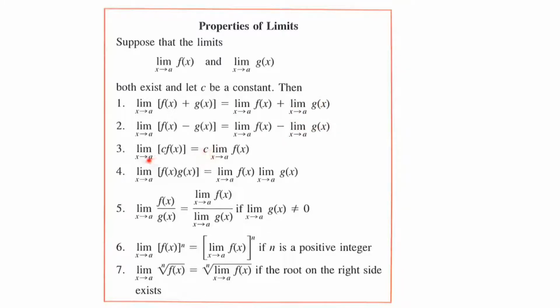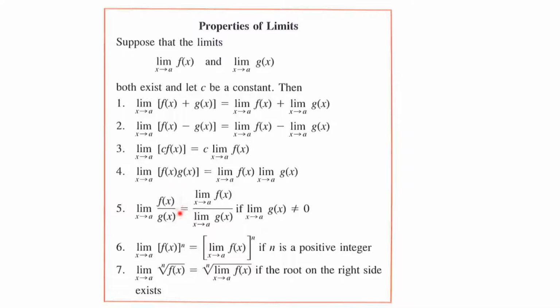If c is a constant, the limit of c times f of x is c times the limit of f of x as x approaches a. The limit of f of x times g of x as x approaches a is the limit of f of x as x approaches a times the limit of g of x as x approaches a.